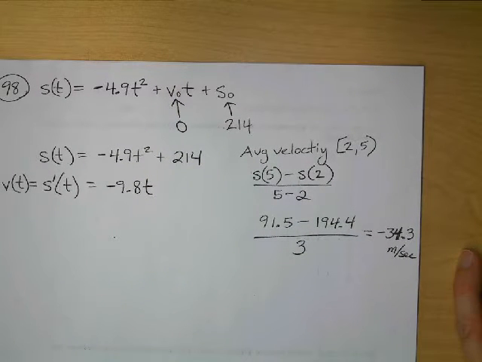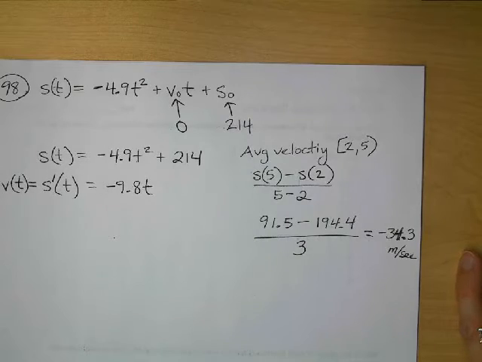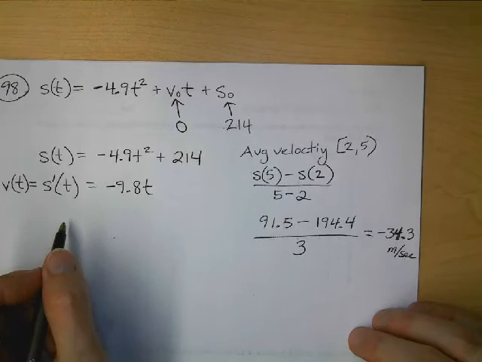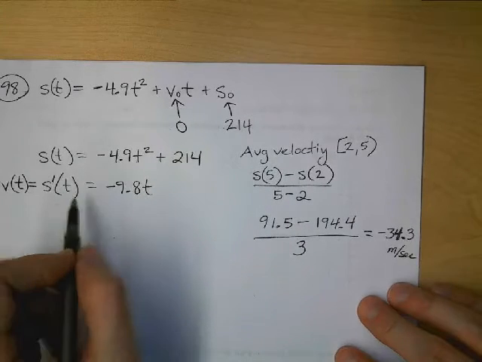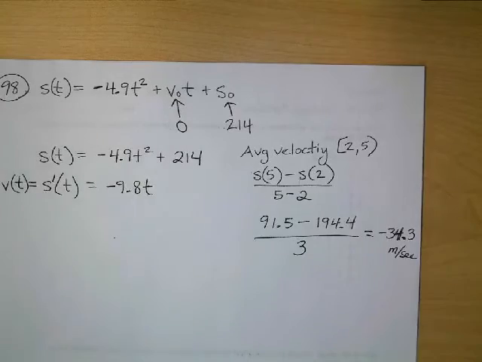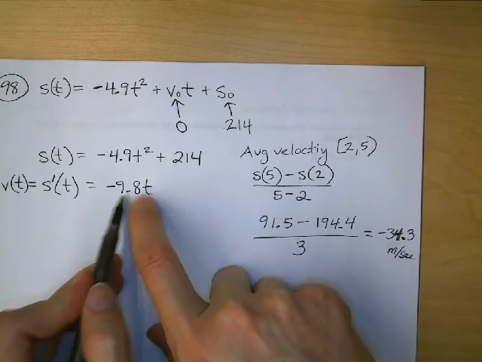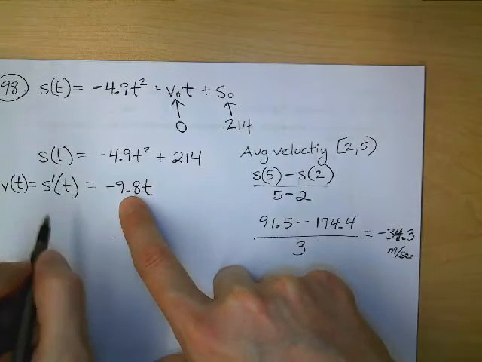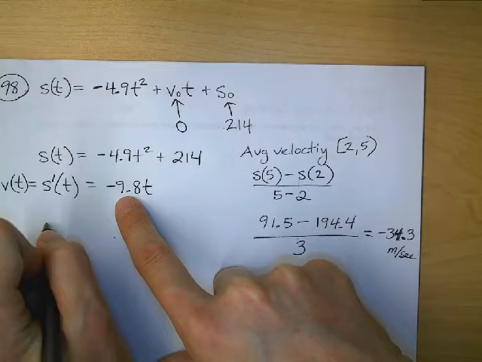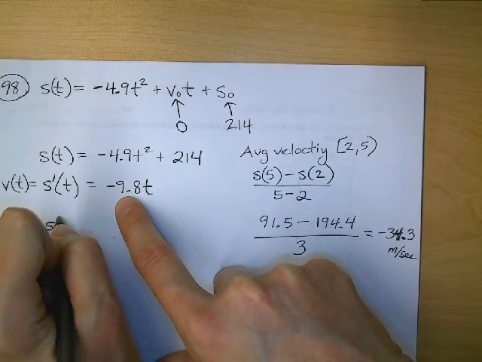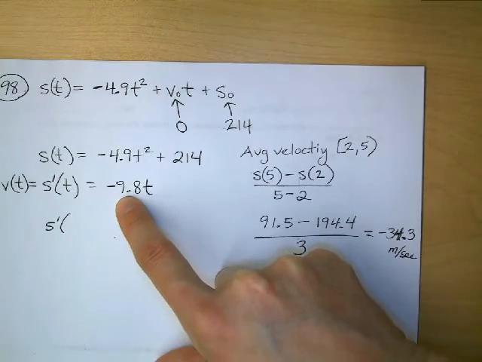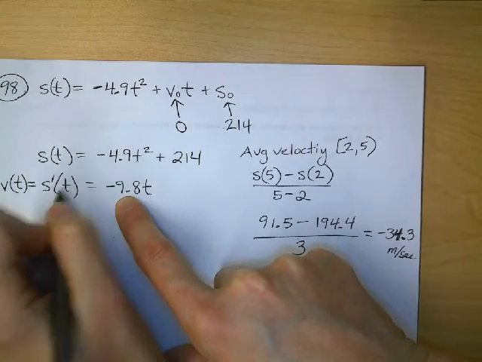Okay, then find the instantaneous velocities at time equals 2 and time equals 5. So now it says instantaneous velocity, so you try it in the velocity function. Plug 2 into this derivative function.